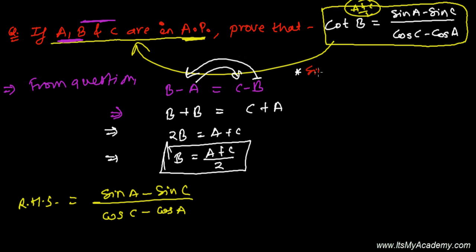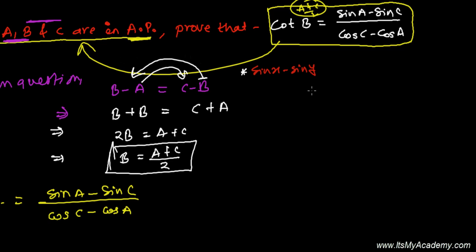First, sine X minus sine Y, you must know: it's twice sine of (X minus Y) divided by 2 times cosine of (X plus Y) divided by 2. Similarly, here we have the cos C minus cos A form, which is also close to cosine of X minus cosine of Y.